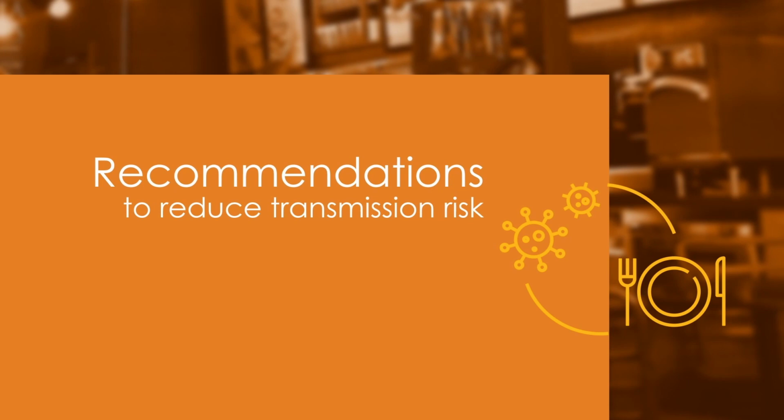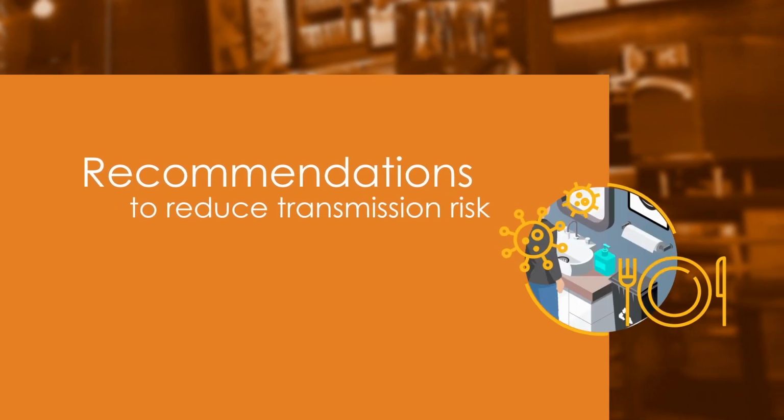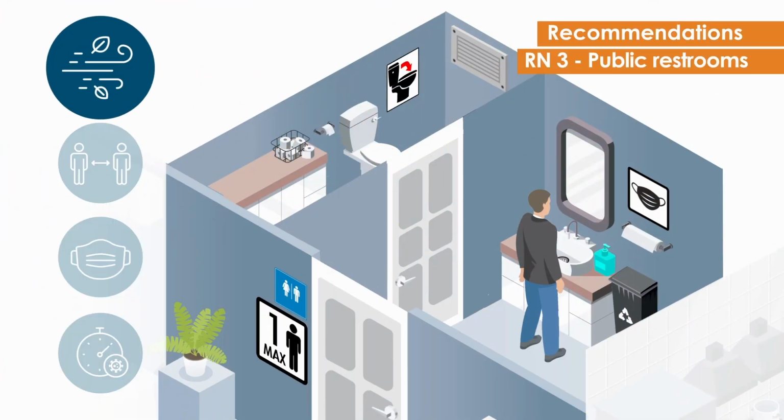Recommendations to reduce transmission risk. Install ventilation, for example, a grill or extractor fan that circulates air. For hygiene and as a precaution, the toilet should have a lid. Instruct users to close it before flushing. To avoid spreading infectious particles on paper towels, place bins with a lid and an inner bag.